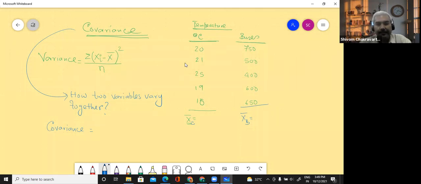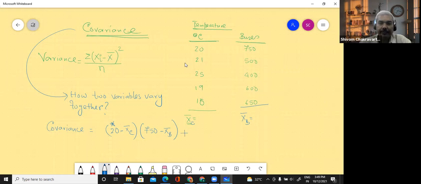How? Let me explain. 20 minus x bar C, that is 20 minus its mean, we will multiply with 750 minus its mean, x bar B. So this will be one product.